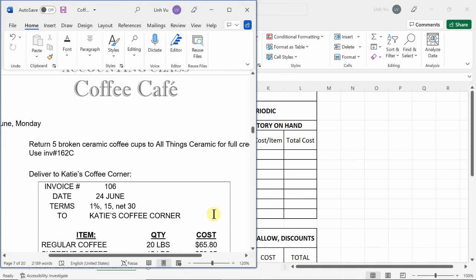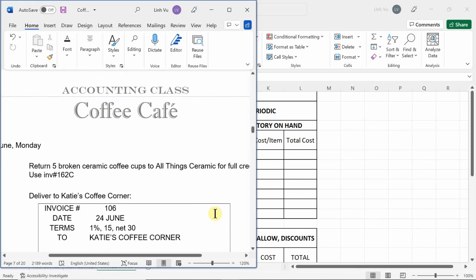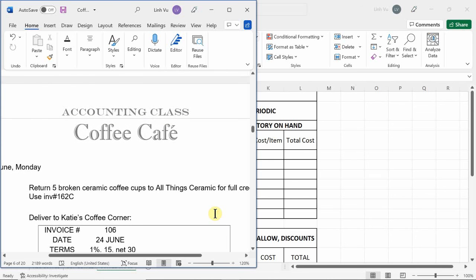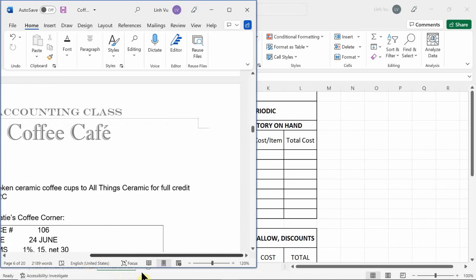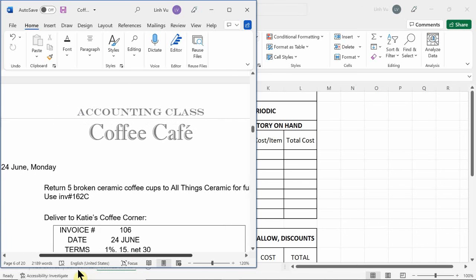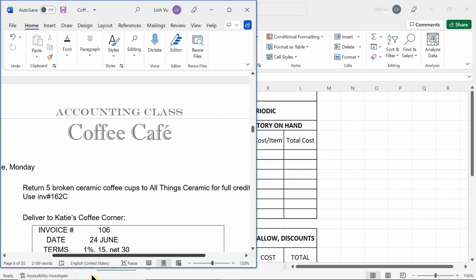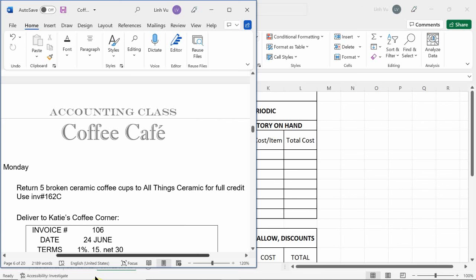And let's see what happened here. We end up returning 5 of those broken ceramic coffee mugs to All Things Ceramics for a full refund. Use invoice number 162C. So in this case, we received the inventory, we opened up all the boxes and found 5 of those coffee mugs are broken.